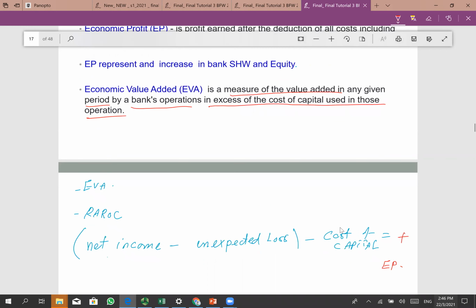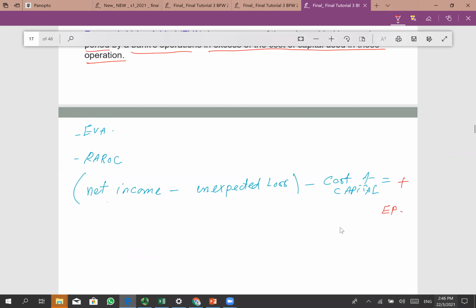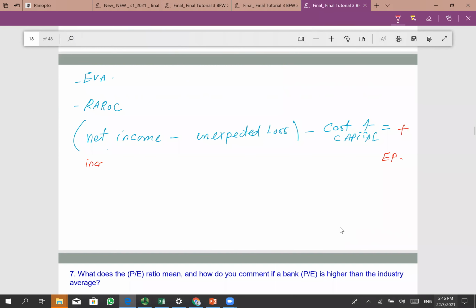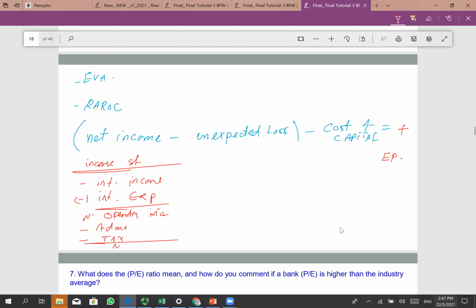In other words, if you take the income statement, and you have the interest income minus interest expense, assuming that's all, and then you have the net operating income minus the admin minus the tax, you get the net income.